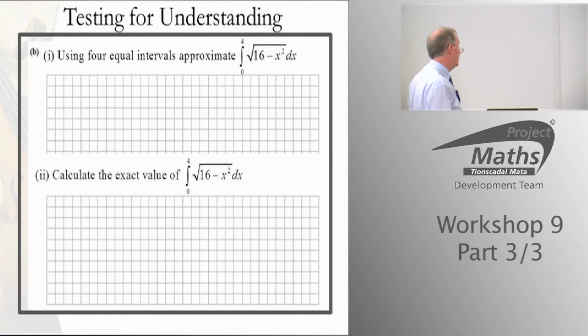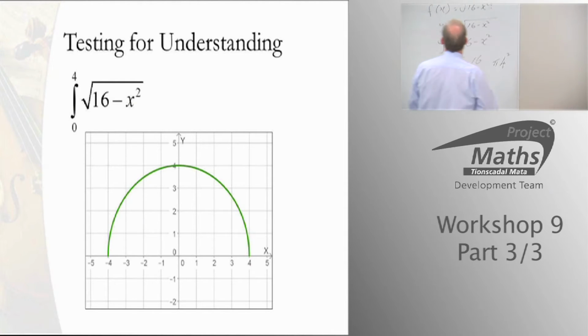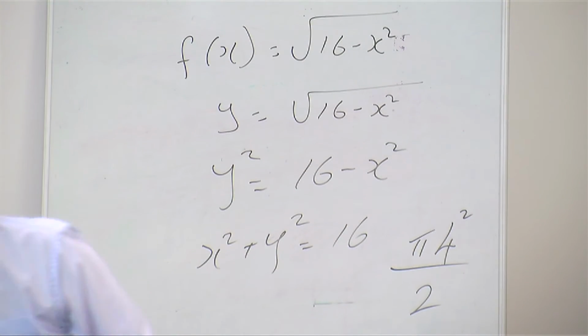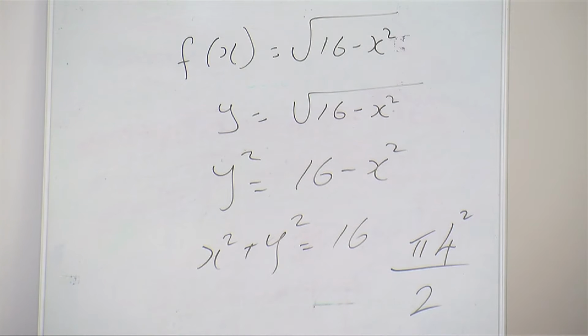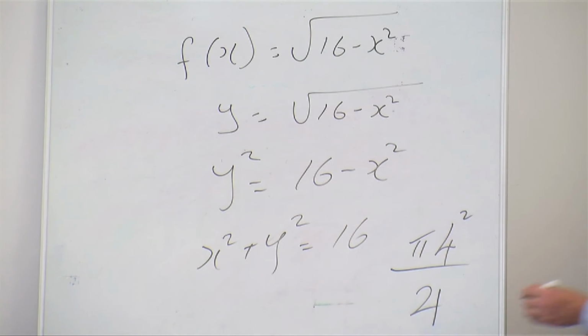So actually, no, it's not the full circle, it's only half of it. Excellent, but hold on a second, look at it now. It's actually between 0 and 4. So it's a quarter of it.